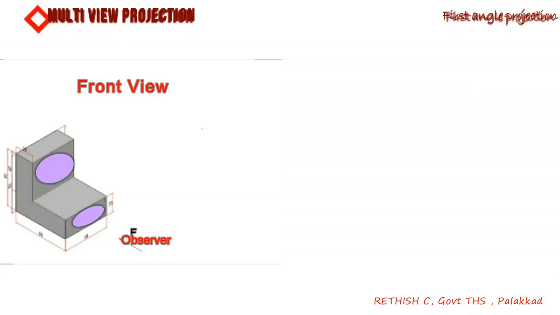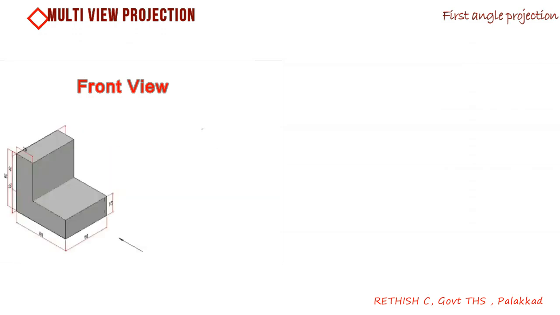That means if an observer is here, he could see only these surfaces and he can see the front view like this only. While drawing, it will be like a rectangle and this edge can be shown as a line here.